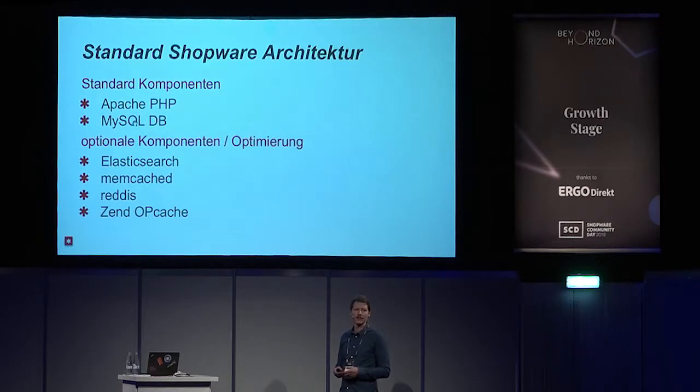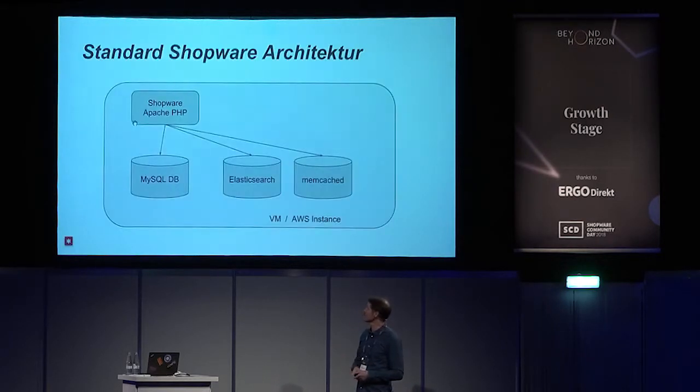And we have some optional components that are aimed at boosting performance. Of course, the product search, which you source out to Elasticsearch. And of course, the caches, i.e. the administration of individual sessions, like Memcache, Redis, or Zend OPcache. So these can actually accelerate these processes.